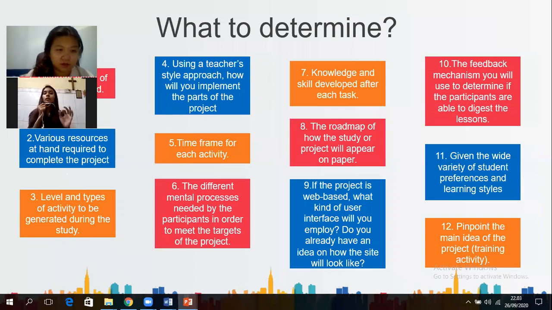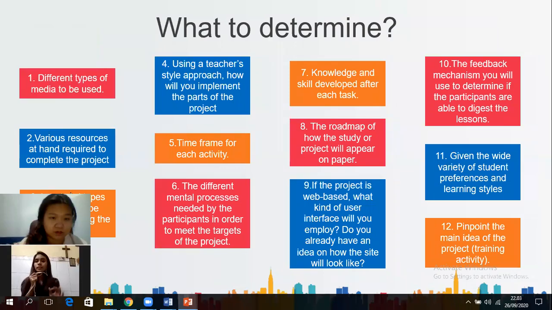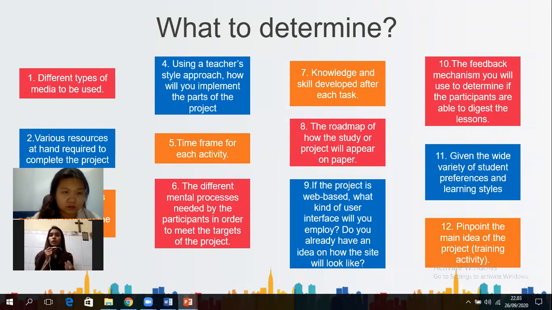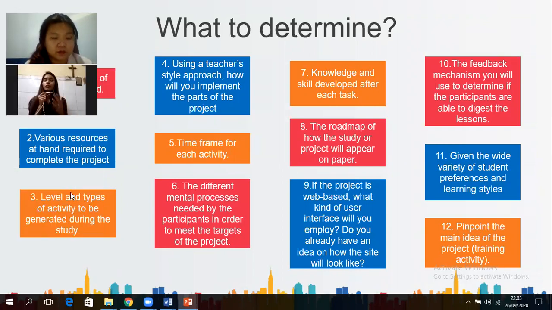Okay, so let us see what to determine in this design phase. The first one is the different types of media to be used. So what media are you going to use for teaching your students? For example, you need to use an LCD, or need to use a speaker for a listening class, and so on.